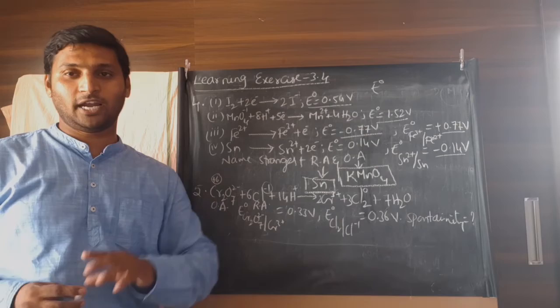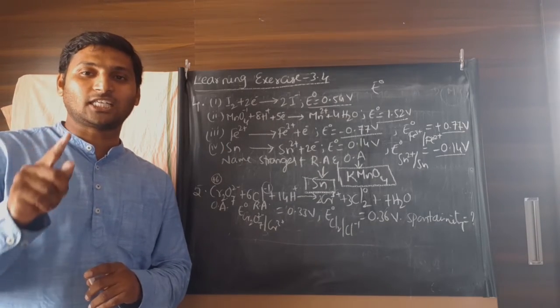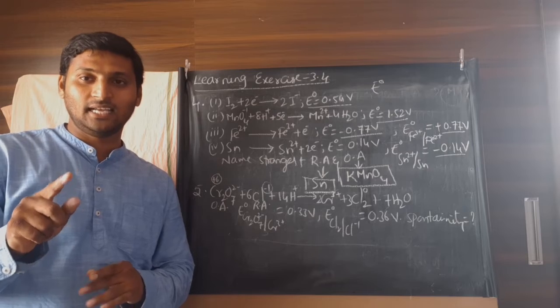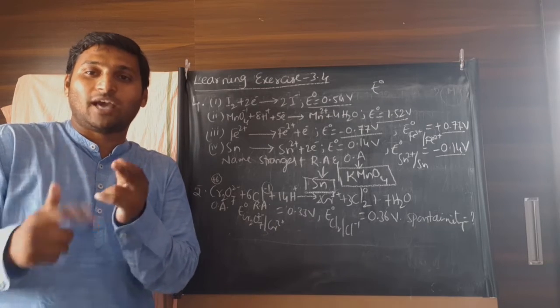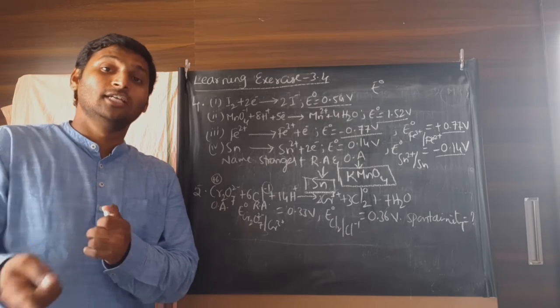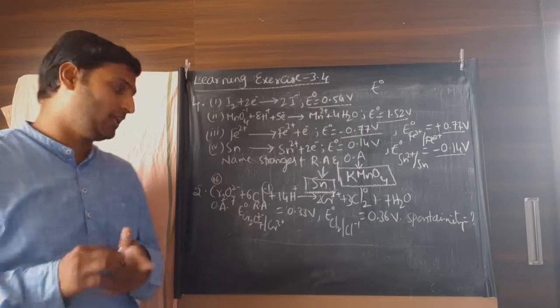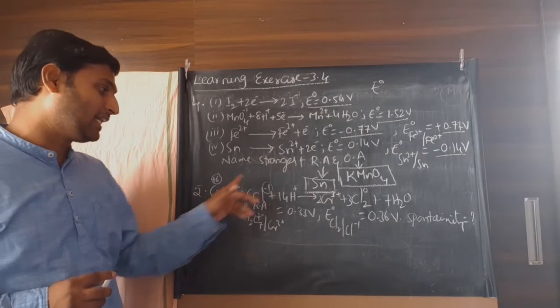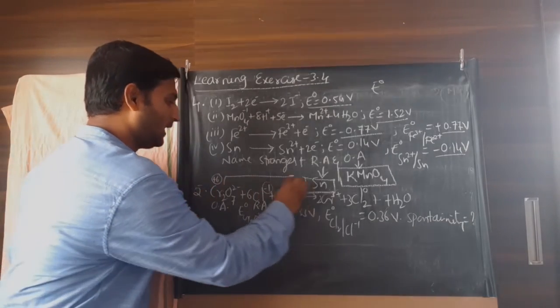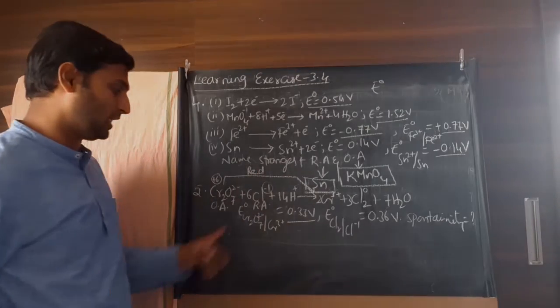And as I explained you in the applications, for the reaction to be spontaneous, the cathodic half should have more potential. Cathodic half should undergo reduction. So the couple involved in reduction must have more potential. But if you see here, the dichromate couple is involved in reduction and that is having lower potential.